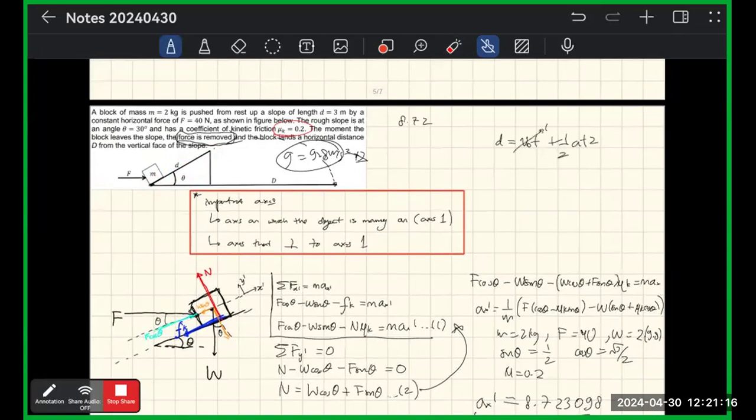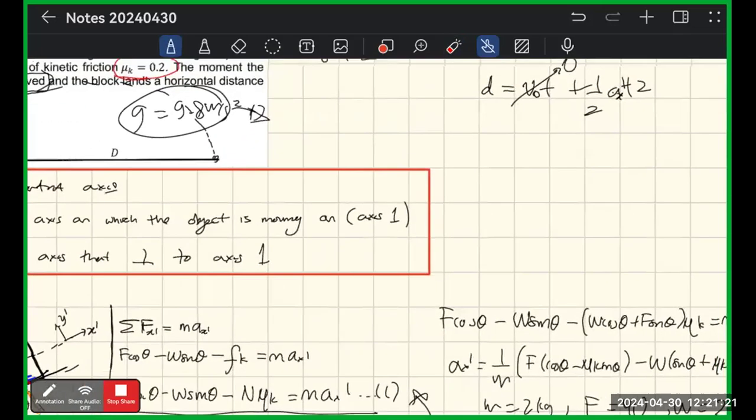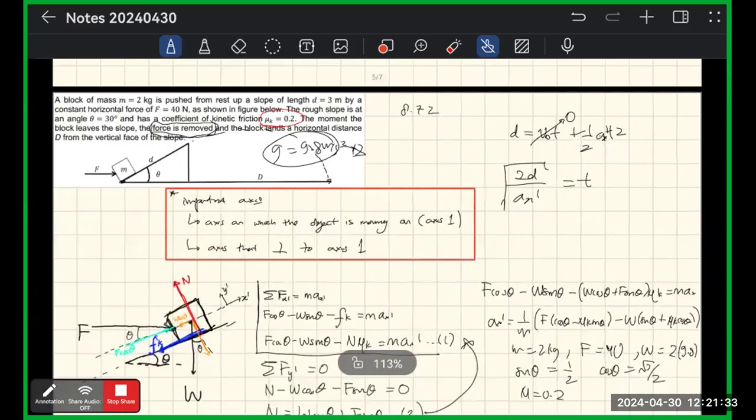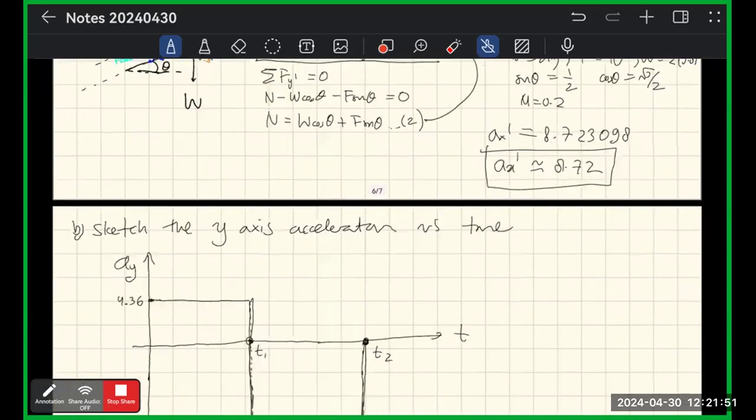Y naught is 0 and a is ax prime, which is 8.02. So 2d over ax prime is t squared, so t is the square root of this: square root of 2 times the small d, which is 3 meters, times 3 over 8.02. So t here is 0.83.